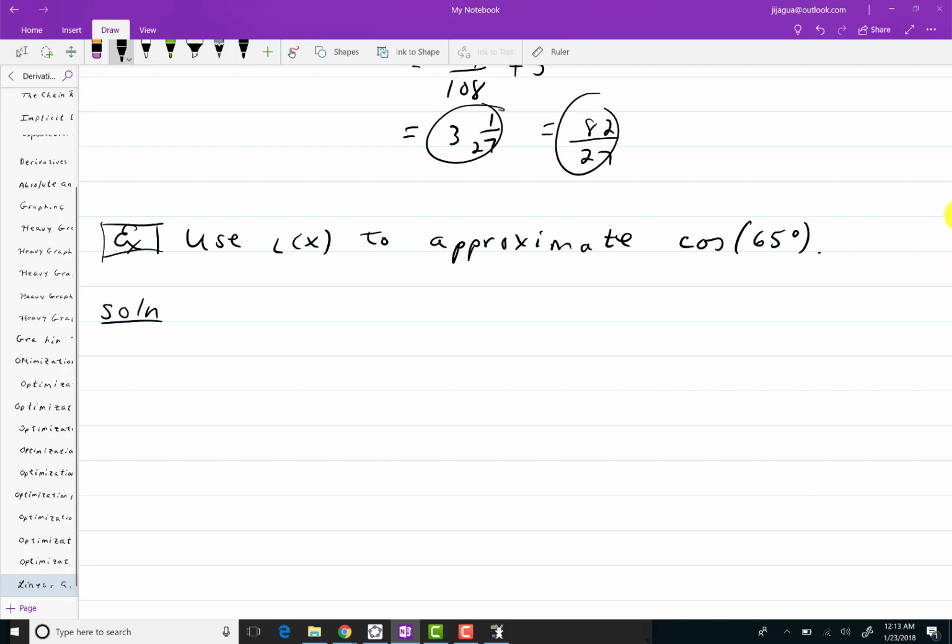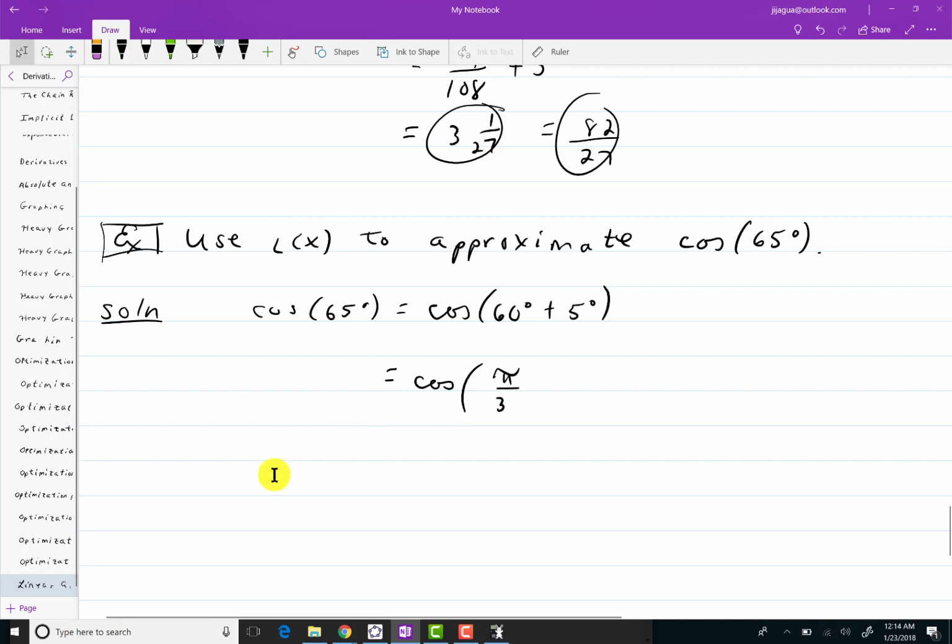First thing I'm going to do is change this to radians. Cosine of 65 degrees is cosine of 60 degrees plus 5 degrees. That's cosine. 60 degrees is pi over 3. So this is pi over 36.